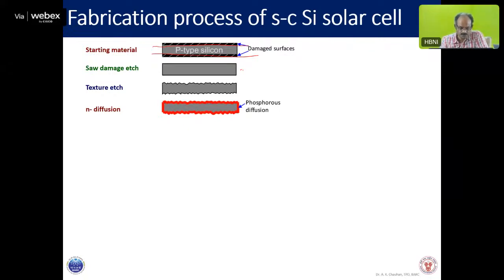After phosphorus diffusion, the P-type will get converted into N-type. Now this is also conducting, so we cut this part from both sides so that isolation takes place, and now you have this as P and this as N.